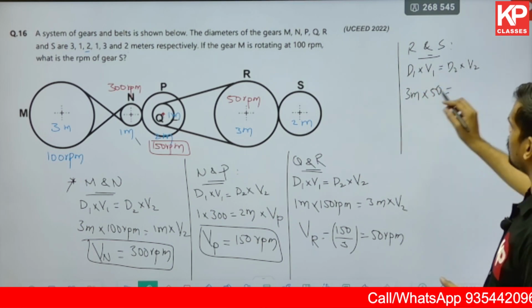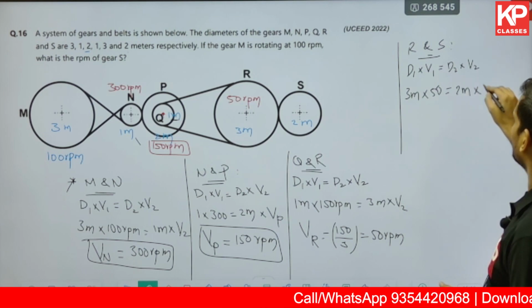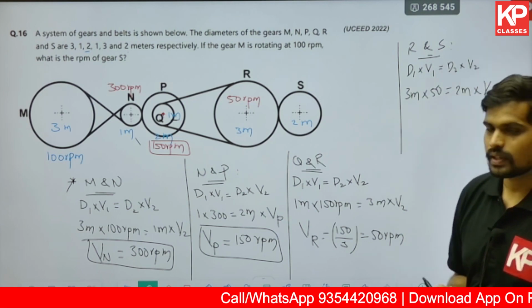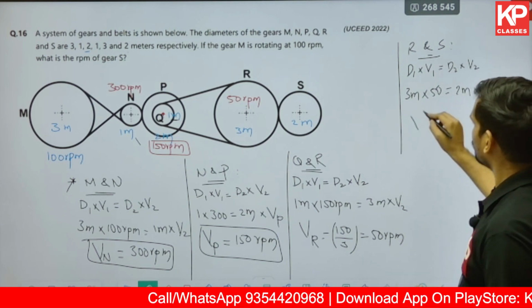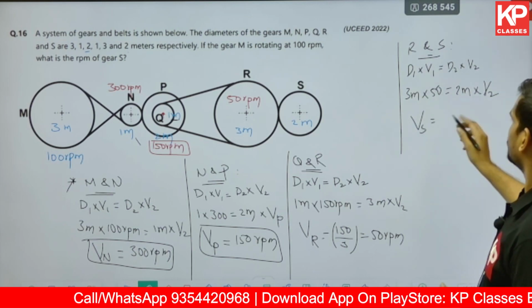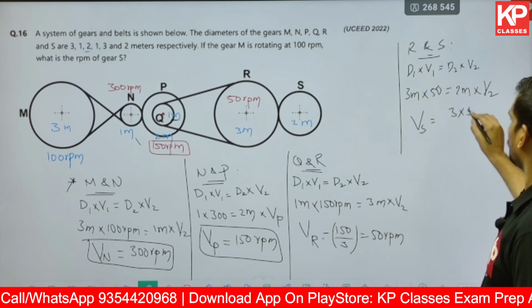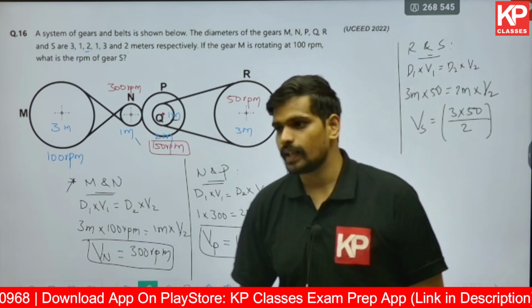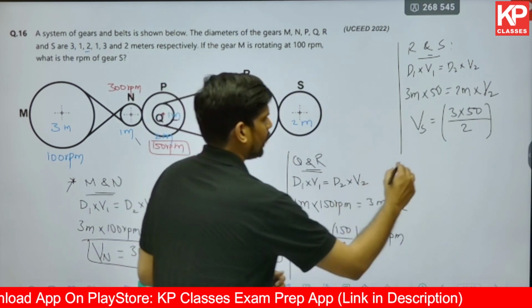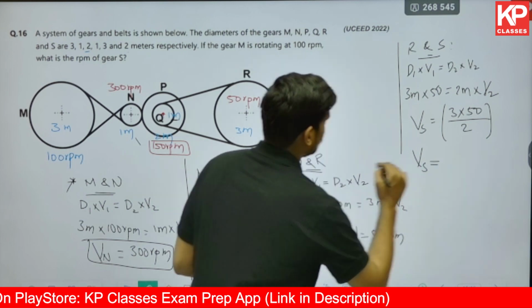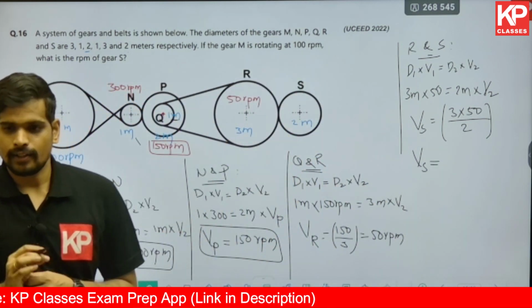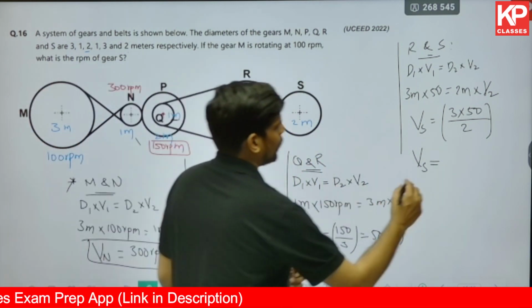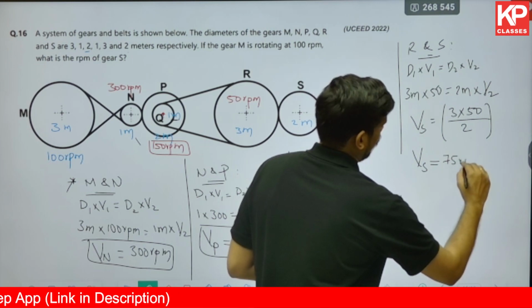What is the diameter of the driven disk? That is 2 meter, into the rotational velocity of the driven disk, that is S. That will be equal to 3 into 50 divided by 2. So 3 into 50 is 150, 150 divided by 2 is 75. So the rotational velocity of the last driven disk, that is S, will come out to be 75 rpm.